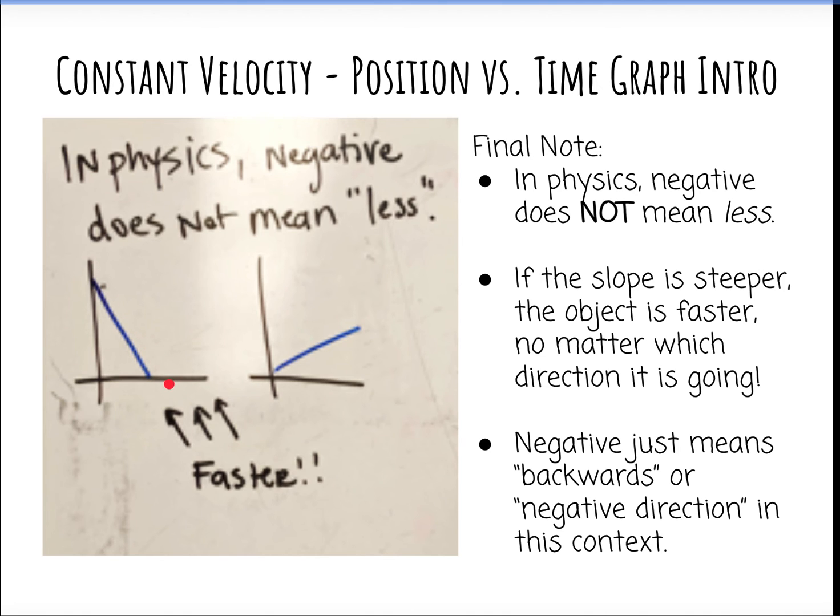We have a negative slope, but we are covering a lot more ground within the time that we are moving compared to this graph here, right? So if the slope is steeper, the object is moving faster, we don't care which direction it is moving. Negative just means backward or negative direction within this context.